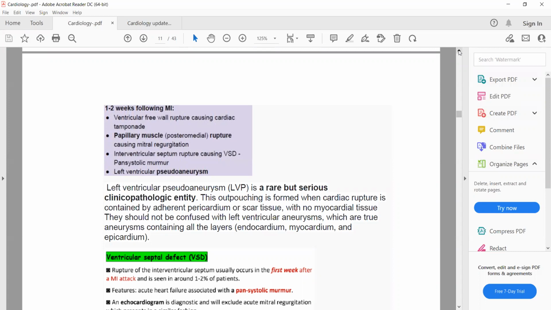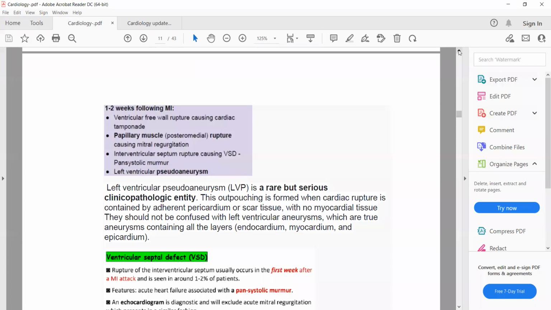Beck's triad is distended JVP, or distended neck veins, plus hypotension, plus the important component of Beck's triad, muffled heart sound, because there is fluid around the heart in the pericardial cavity. So if the patient develops this triad, then you will call it cardiac tamponade.